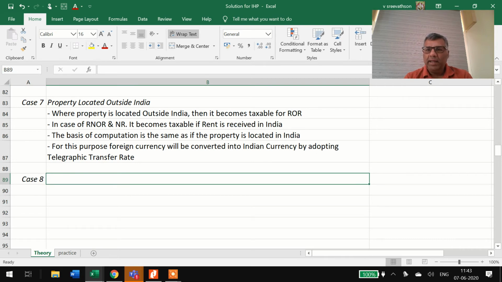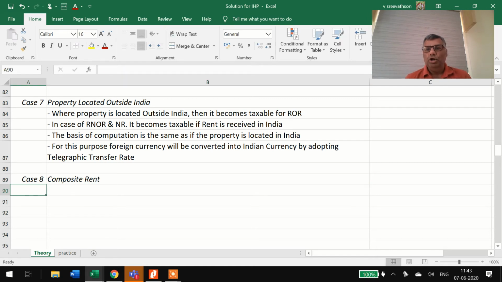Case 8. Composite rent. Composite means together. Rent is not only for the house property. Understand the case.